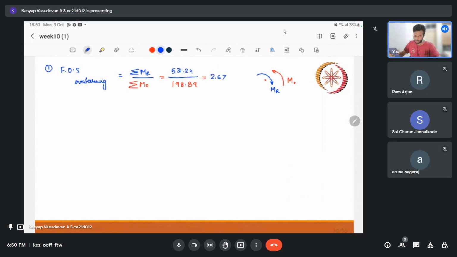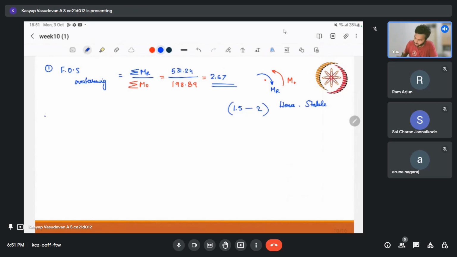This value should generally be between 1.5 to 2 at least. So here it is fine, hence it is stable against overturning. That is the first check.